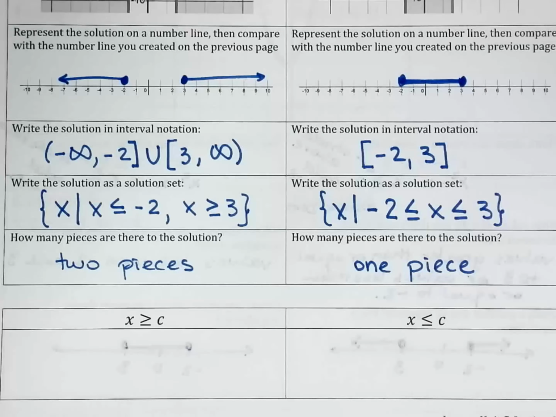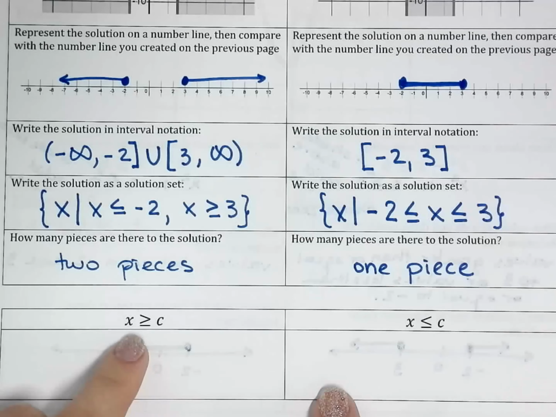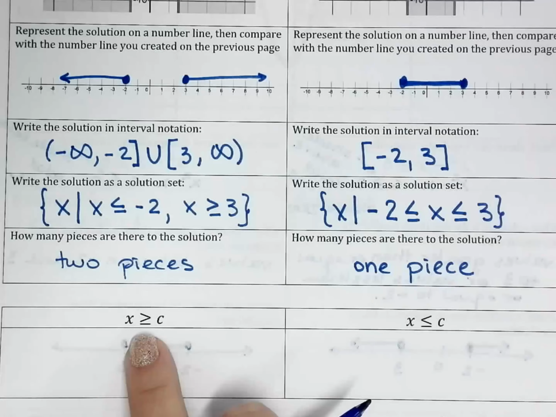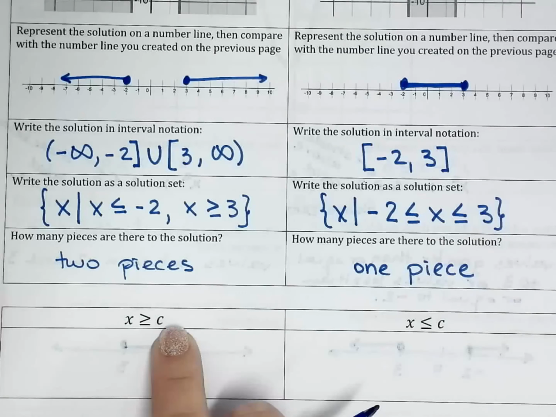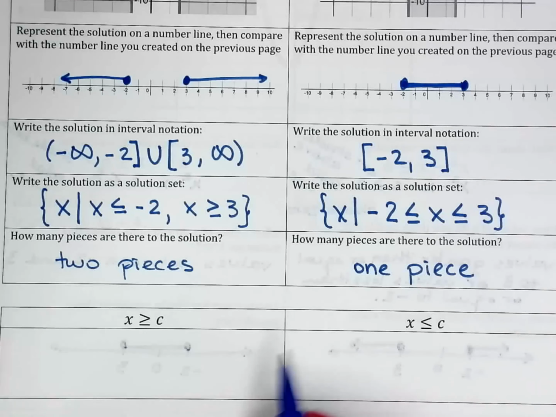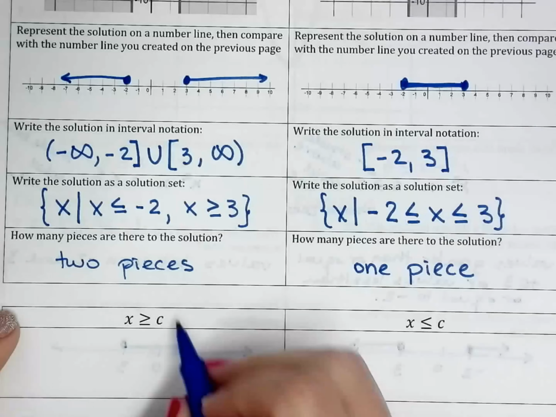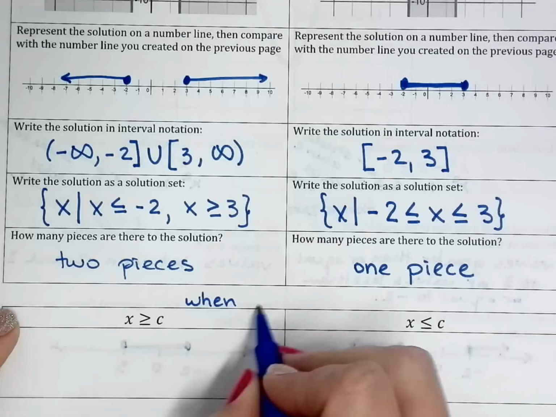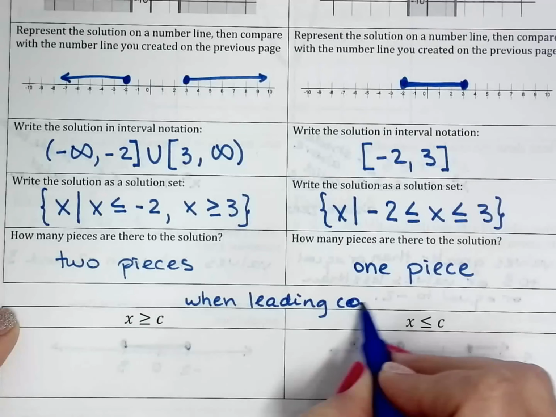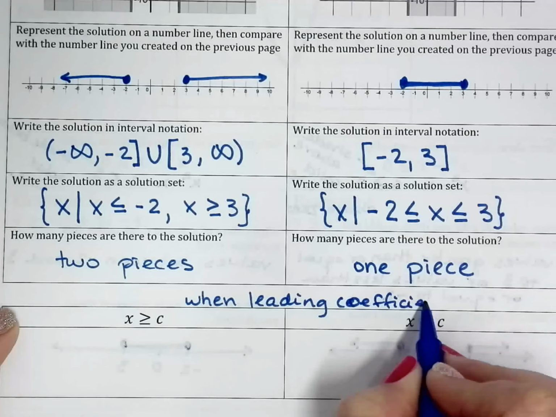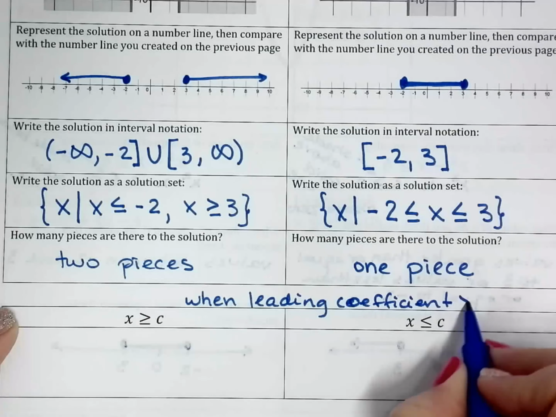Okay, now, every time I have x is greater than or equal c, c is for the constant, I want to put something here before you get crazy. So this only works when the leading coefficient is greater than 0.